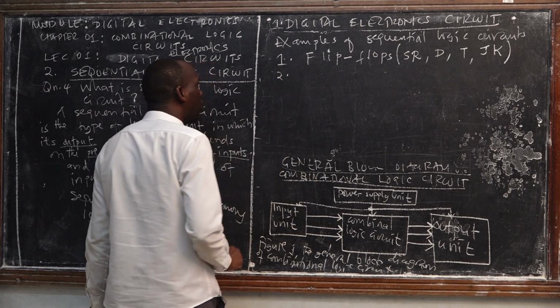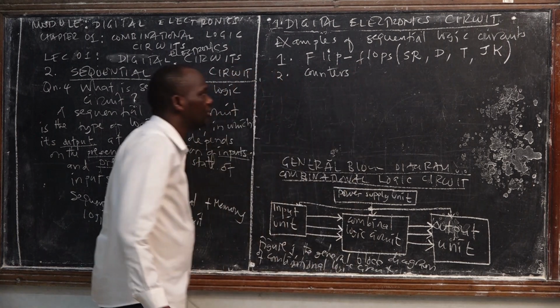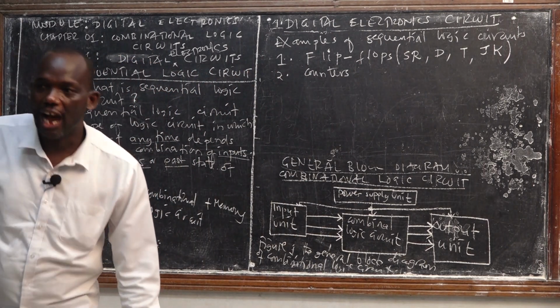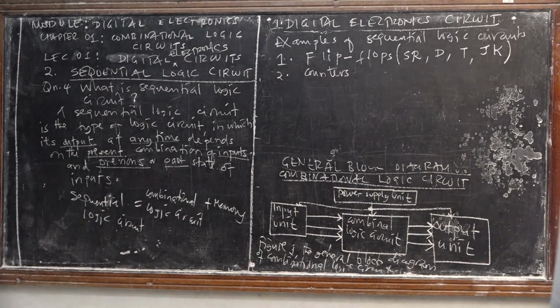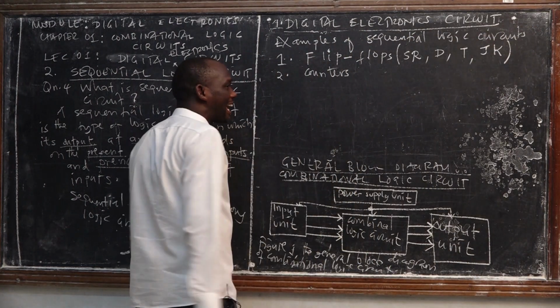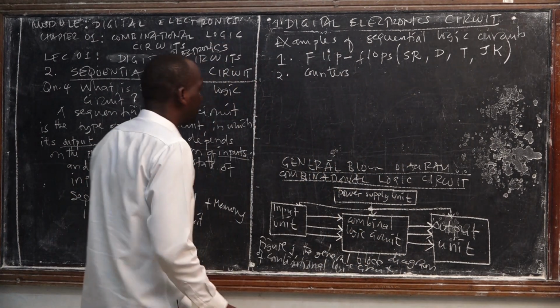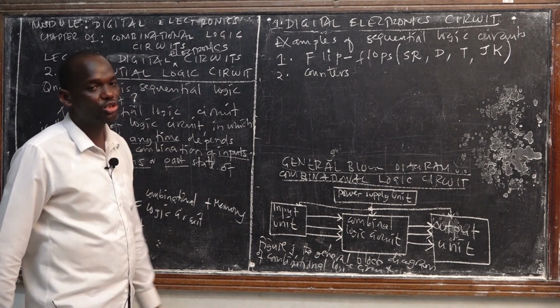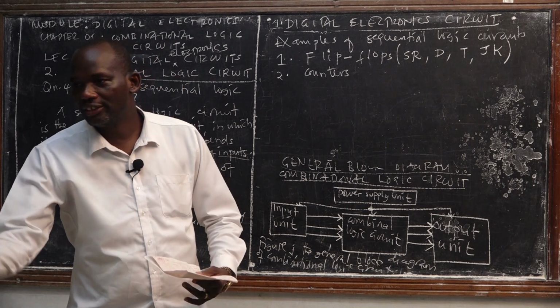The second example of sequential logic circuits is counters. Say counters. Have you ever gone to City Mall and bought some items? Ask your neighbor. When you went to the counter, you find not just a service provider of City Mall, but also some machines, and something we call a conveyor belt.